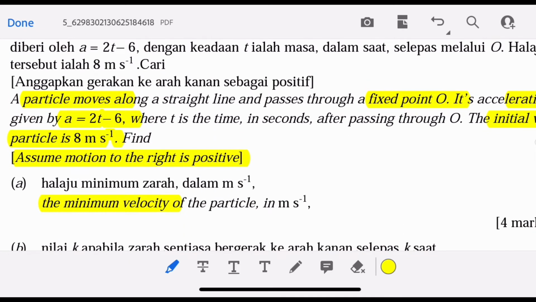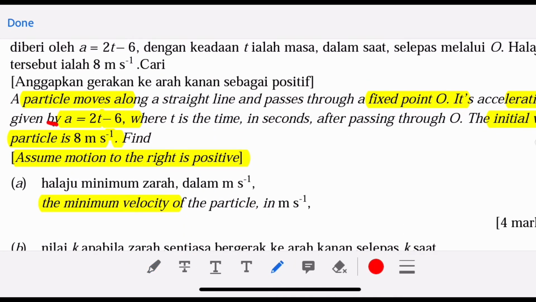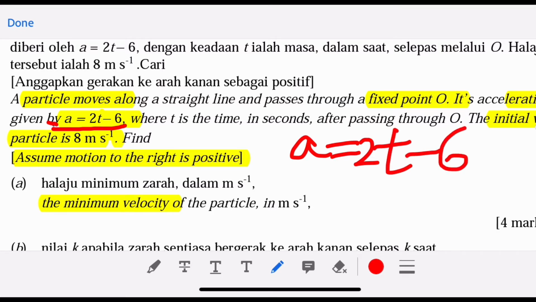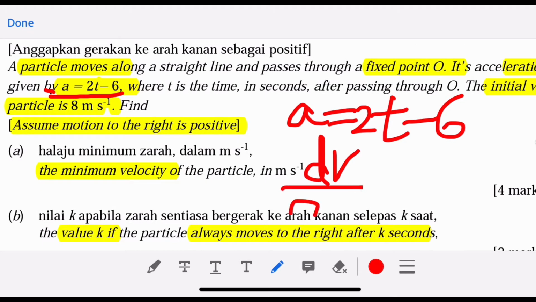Right, so we are given the acceleration. Acceleration means what? It means changes. Changes means the difference in velocity compared with the change of the time. Remember the definition for acceleration? So we can just write like this.